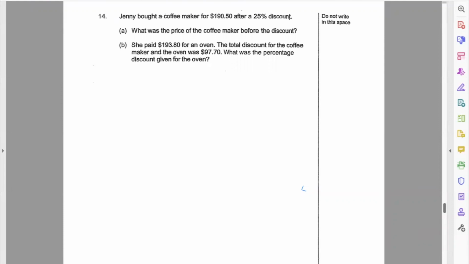So 190.50 is after a 25% discount, which means Jenny only paid 75% of the original price. So 75% of the original price is 190.50. So let's find the original price of the coffee maker before the discount, which is 100%.